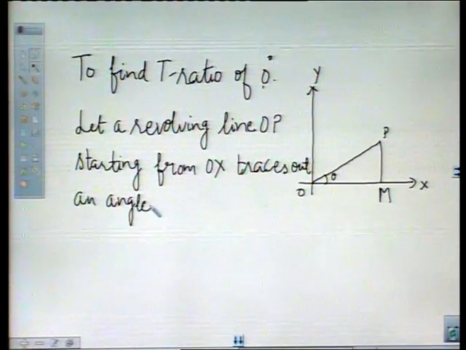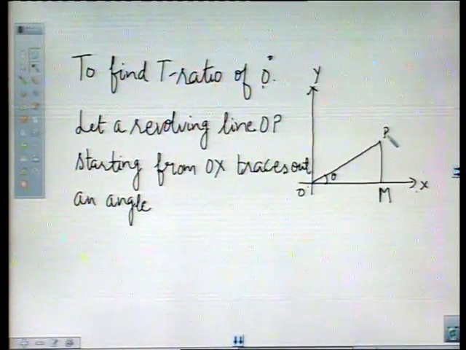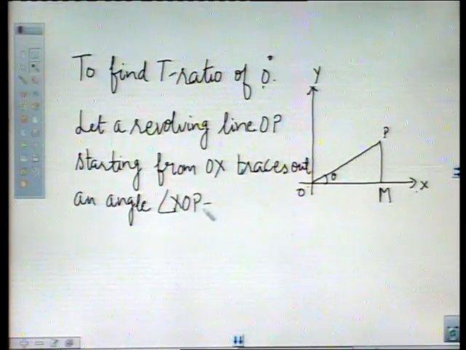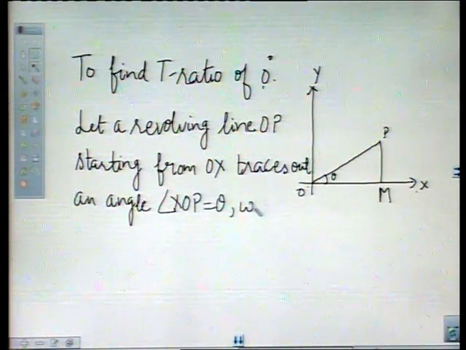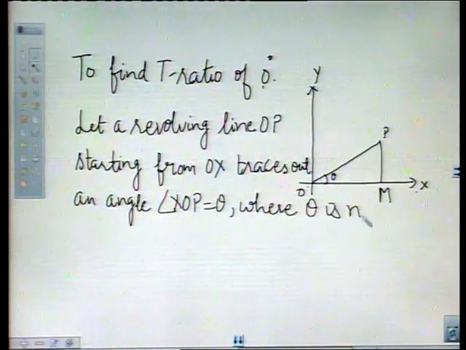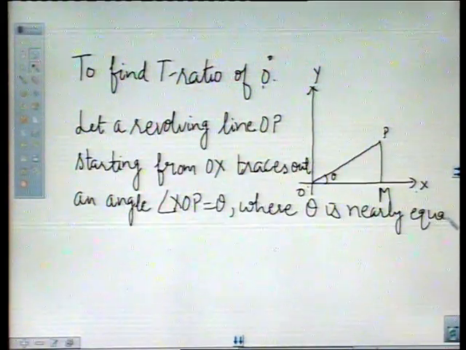This line OP is tracing angle XOP, equal to theta, where theta is nearly equal to 0 degree.